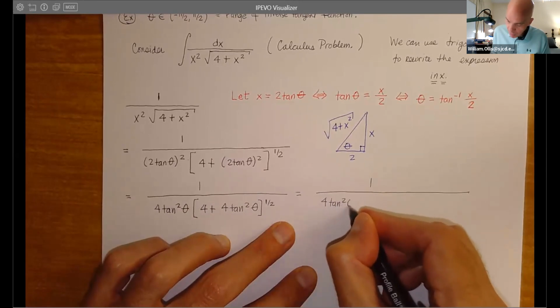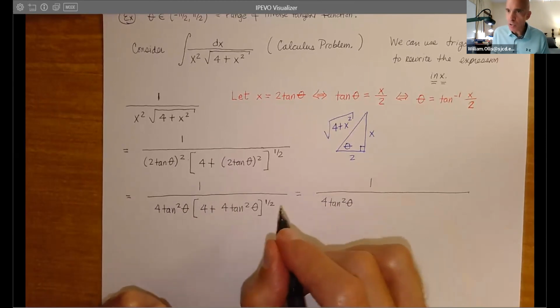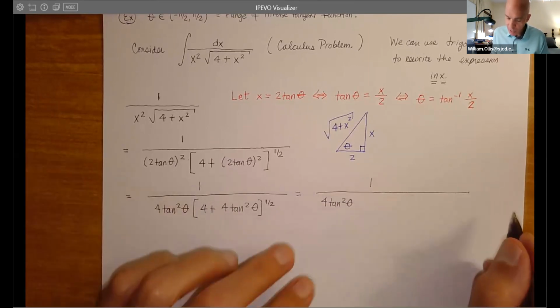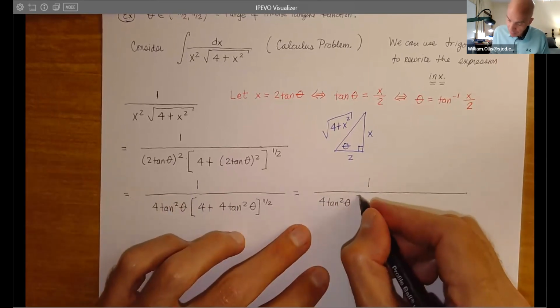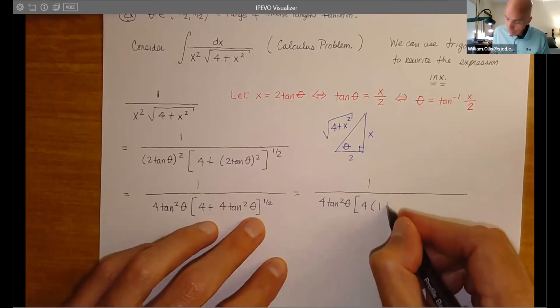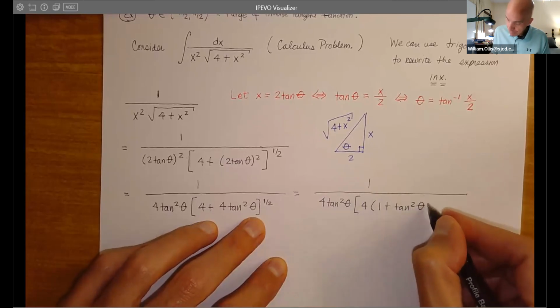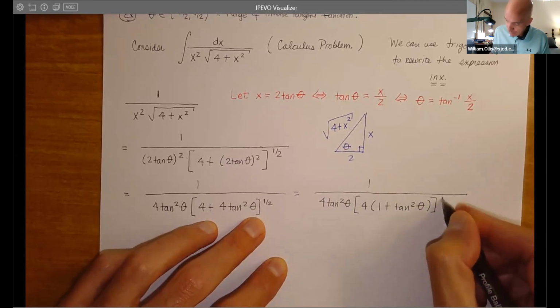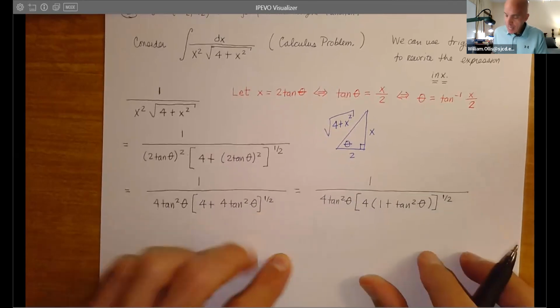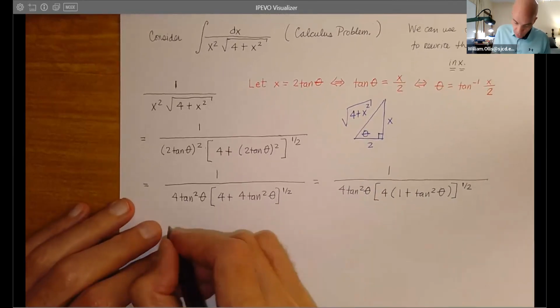This is a side calculation. In Cal 2, this would be a side calculation, which you do quicker because you'd have more experience by then. So now we have 4 times 1 plus tangent squared. Now we've got the square root of a product, so that's the product of square roots.